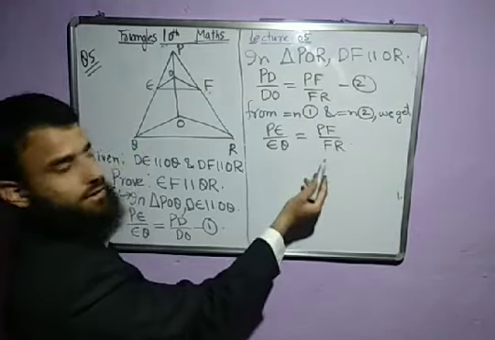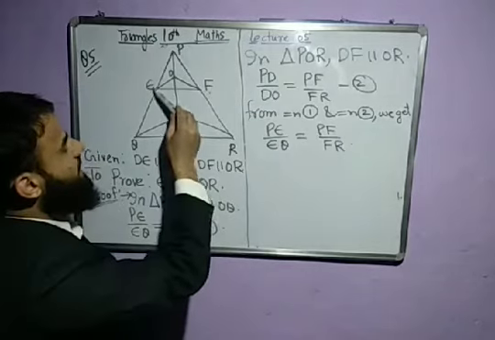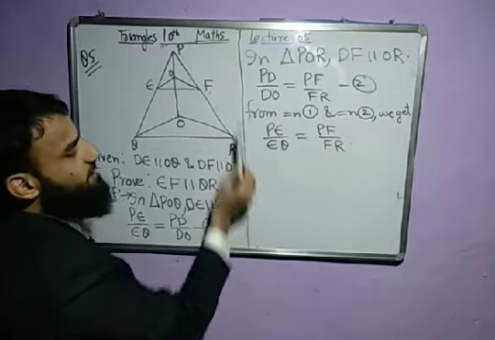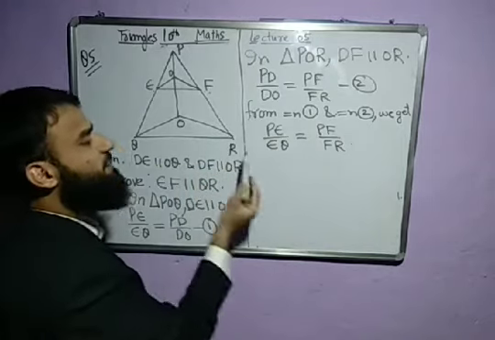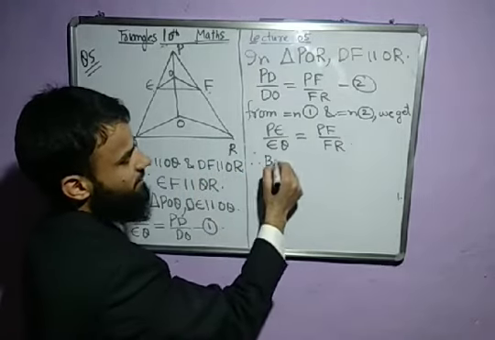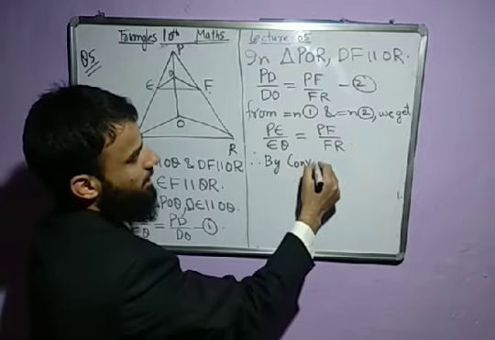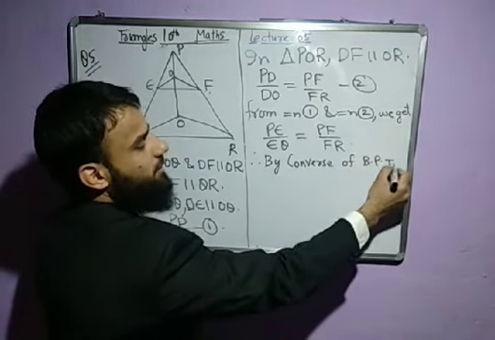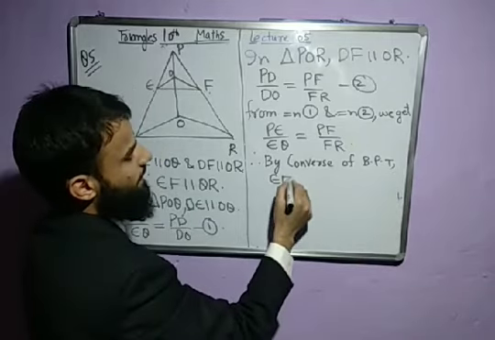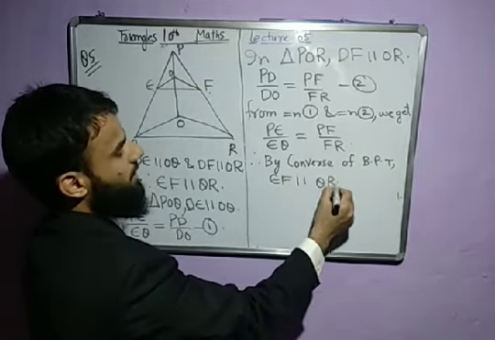Now read this ratio. PE divided by EQ is equal to PF divided by FR. Therefore, by the converse of the BPT, this EF is parallel to QR. Hence proved.